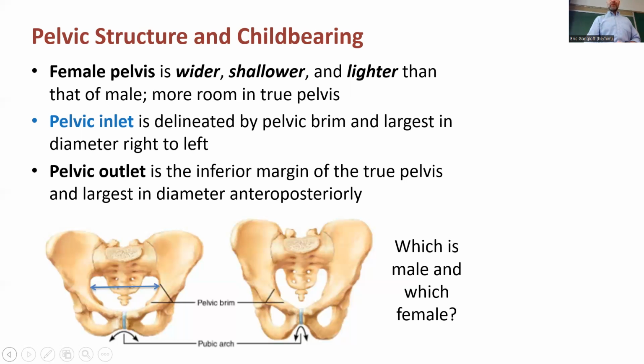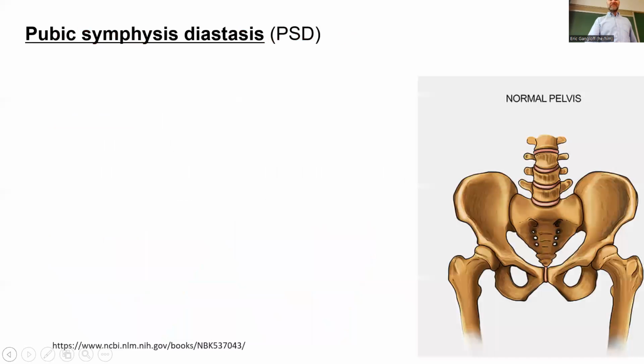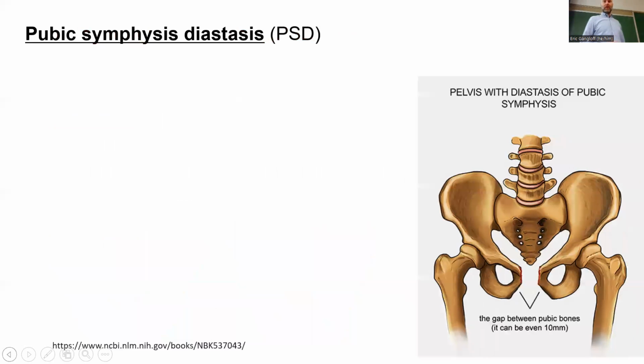So one thing that did come up in class last time was this idea of what's called pubic symphysis diastasis. This is when the pubic symphysis becomes damaged and that articulation is no longer present. So this would be a normal healthy pelvis, and then we get something called diastasis, where those bones can actually break apart.